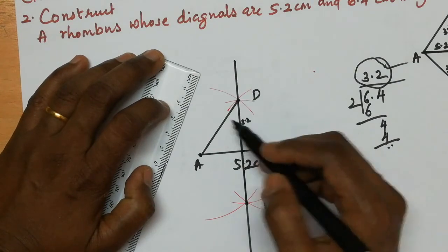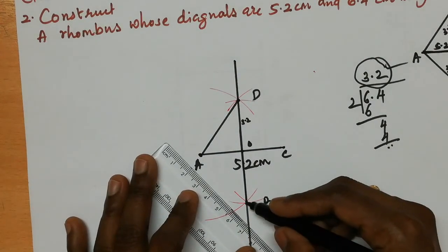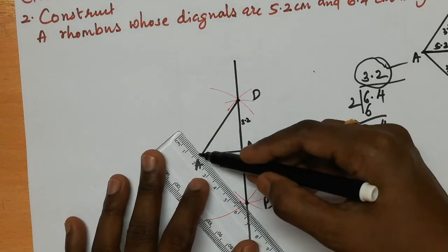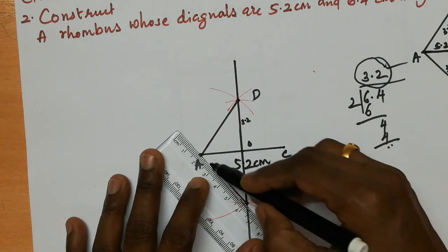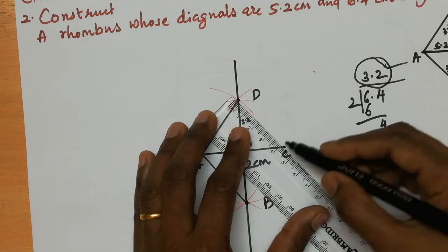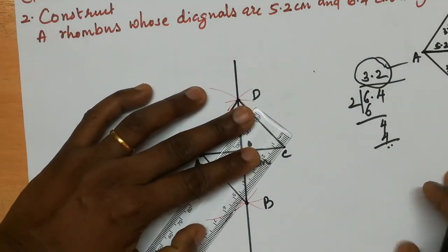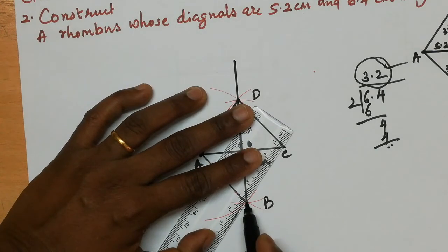There is only a single arc we drew, and that one we have to join with. Here also we find one 3.2 arc, and that one we will join. Then here also we can join it. Now BC also we can join.